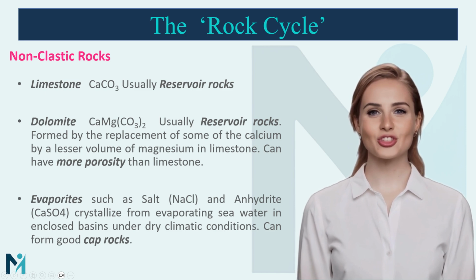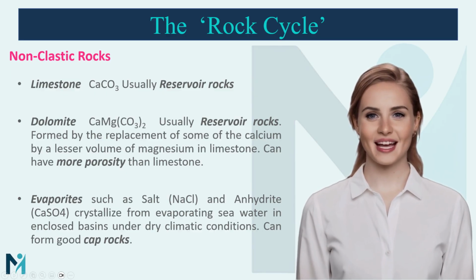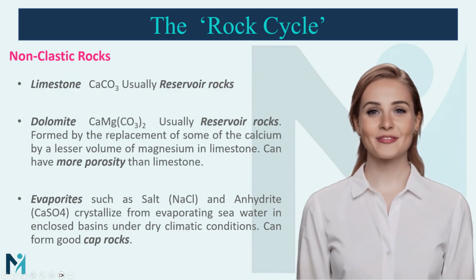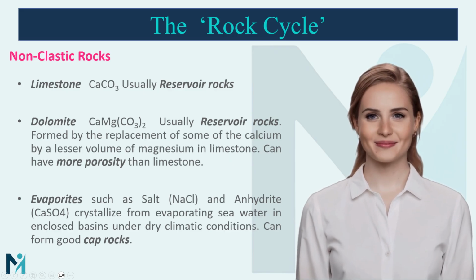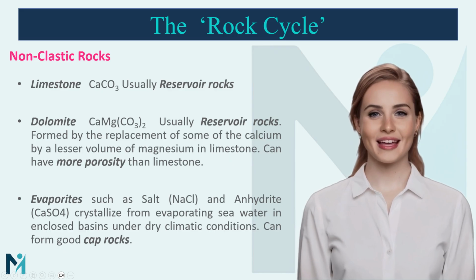The pore spaces in chalk are not well connected, so fluids like oil or gas have a hard time flowing through it unless it's fractured. Some successful chalk reservoirs, like those in the North Sea, work only because of natural or induced fractures that provide the needed permeability.